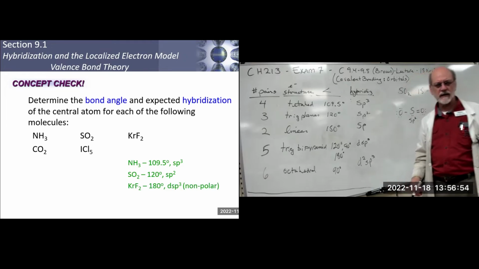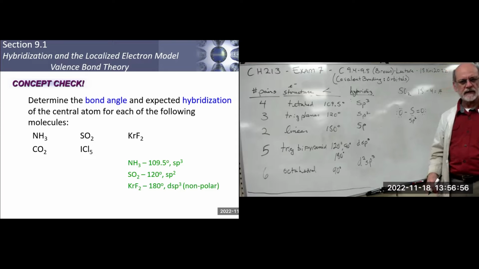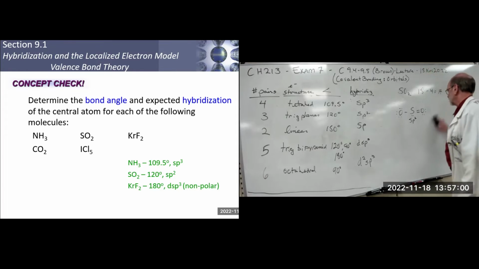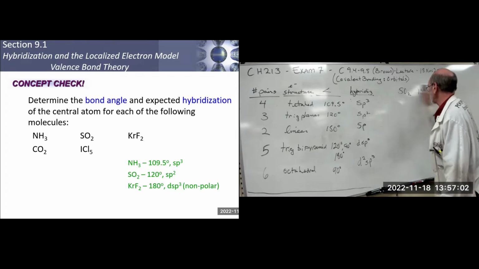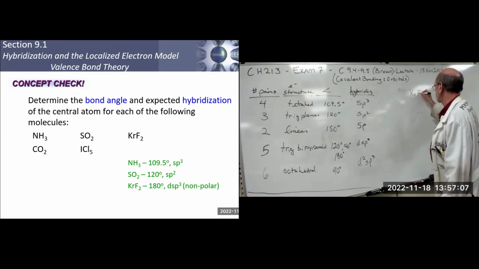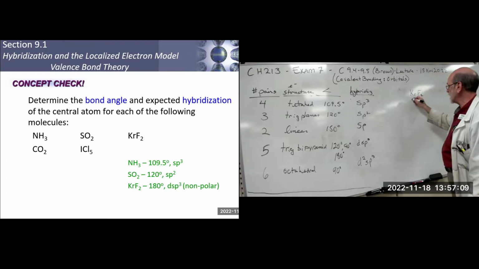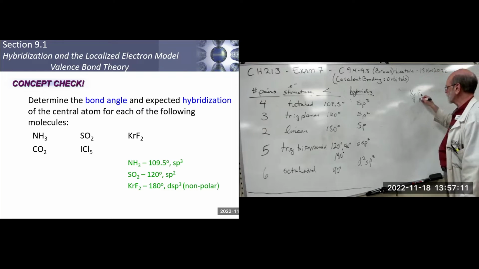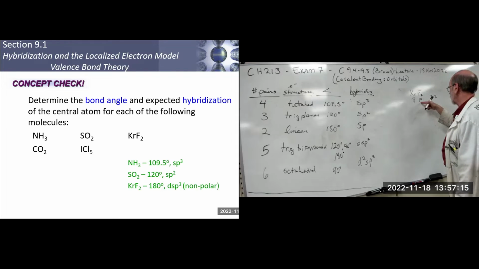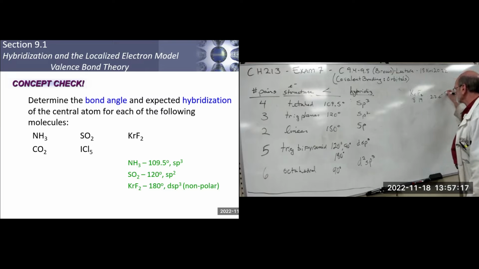KrF2. I jumped ahead of that one. All right, let's do it anyway. All right, so there's 8 here, and 2 times 7 is 14, so that's 22 electrons, isn't it? 8, 14, yeah, 22.